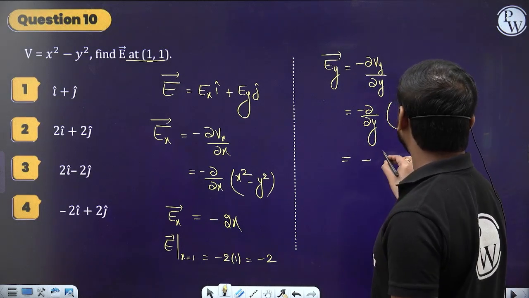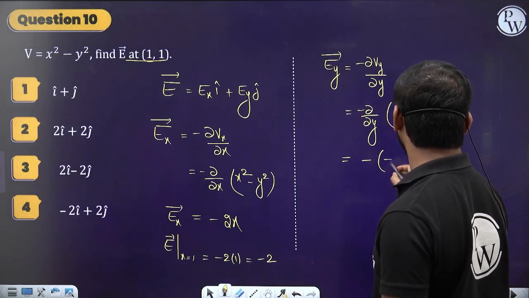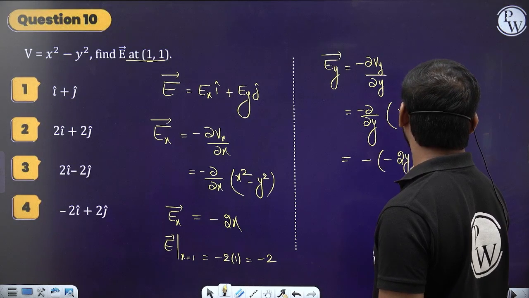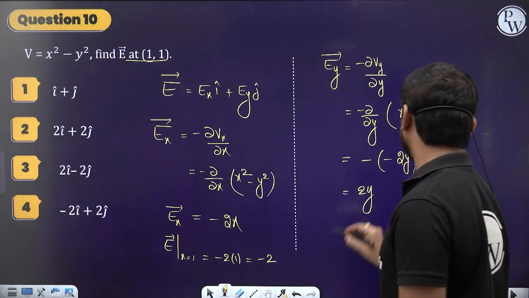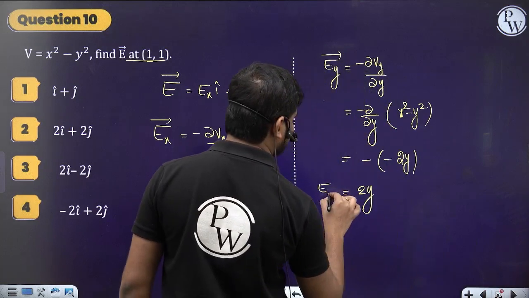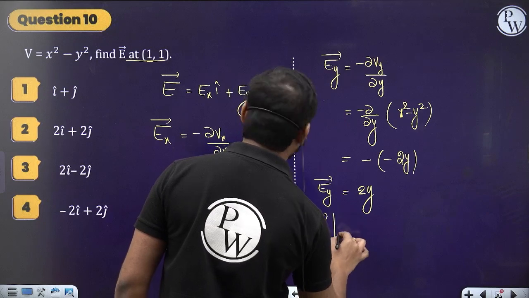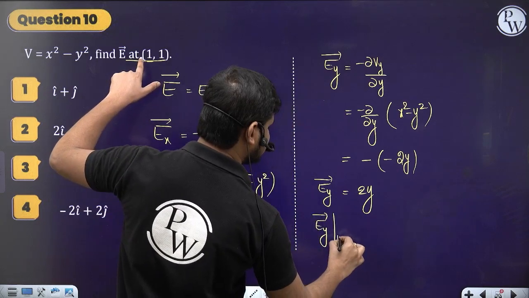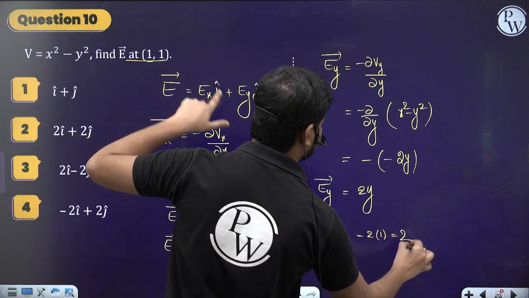Minus, the y square differentiation is minus, and minus is already there here. So minus of minus, plus 2y. So this is the gravitational field at y. Now we need at y is equal to 1. So 2 into, in place of y you substitute 1, which is 2.